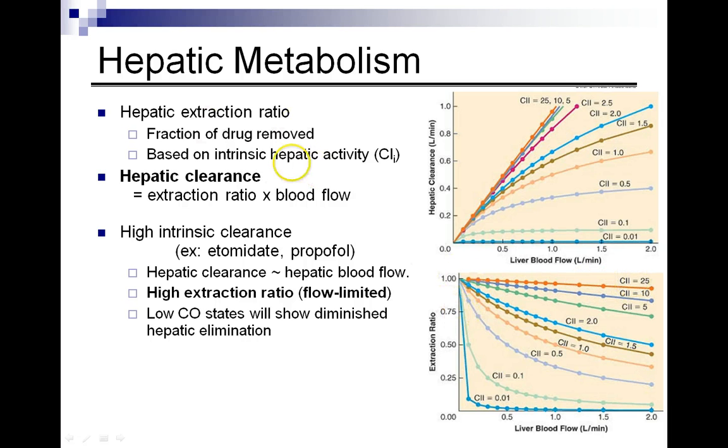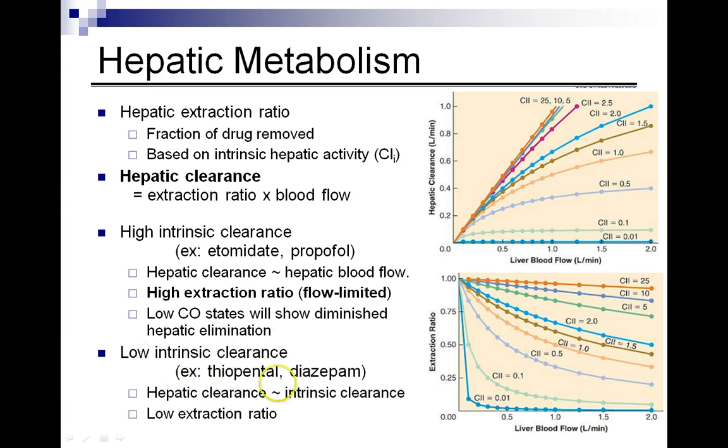Because it has such a high intrinsic hepatic clearance. But for a drug that has a lower intrinsic hepatic clearance, at low liver blood flows, the liver can keep up. But as blood flow gets higher and higher, the liver is able to get a smaller and smaller fraction of drug out of the blood as it passes through the liver. This would be like a low intrinsic clearance drug, like thiopental, where your hepatic clearance is really pretty much limited by your intrinsic clearance.